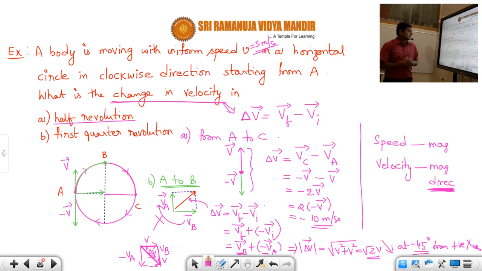I hope, students, you understood. This is the application of where we use the subtraction of vectors and where we use the addition of vectors. By this we have completed the main topic in our vectors, that is addition and subtraction of vectors, students. I hope you have learnt how to solve the problems.